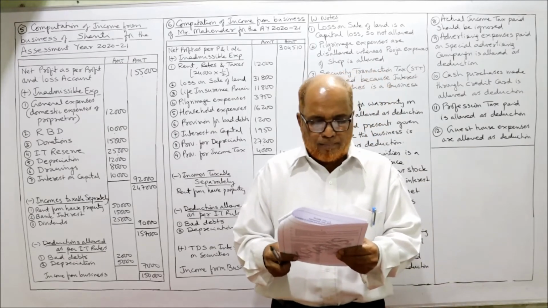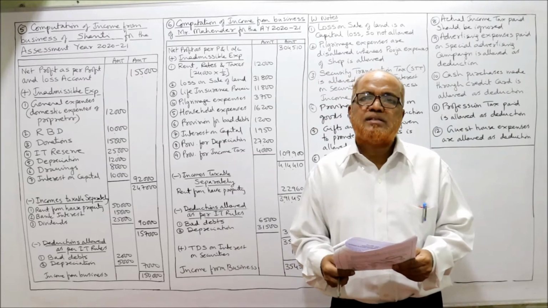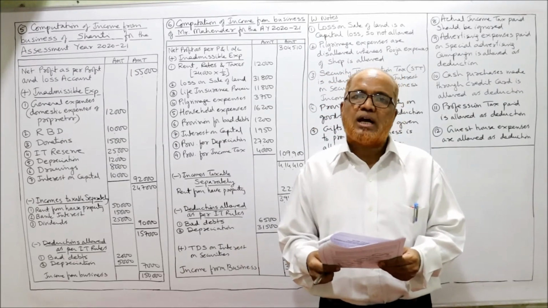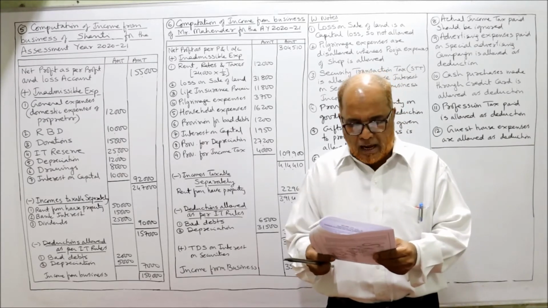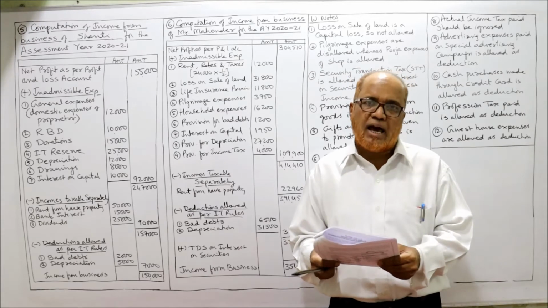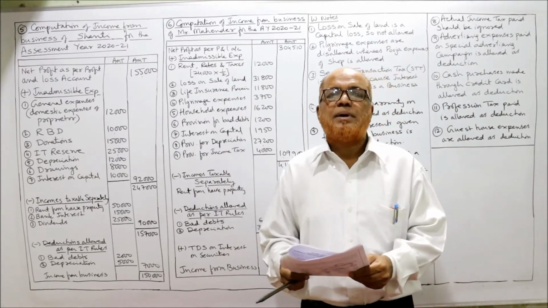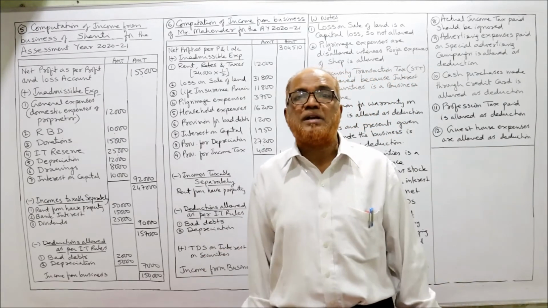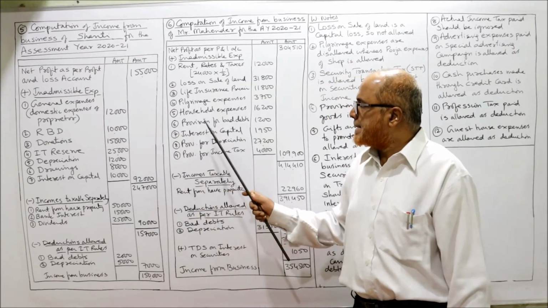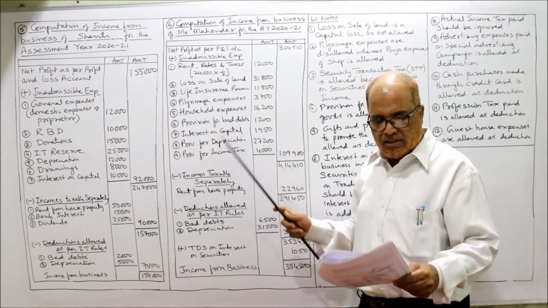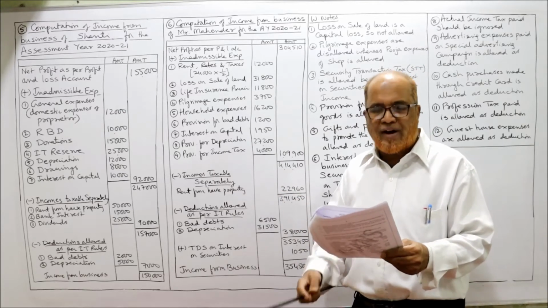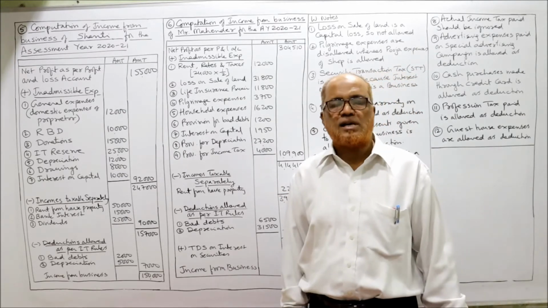Advertising, allowed. Guest house expenses, allowed. Law charges, allowed. Postage and telegram, allowed. Discount, allowed. Household expenses, disallowed. Personal expense. So here household expenses 16,200. Next comes provision for warranty on goods sold. This is allowed.